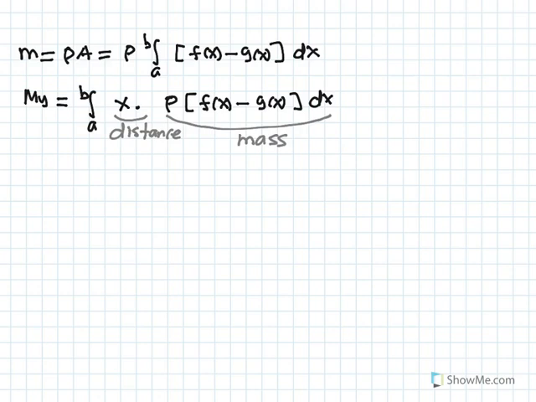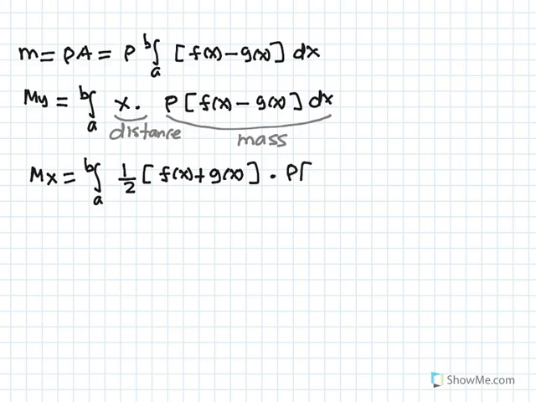All right, let's now define the moment with respect to the x-axis. Integral from a to b. And what is the average distance to the x-axis? That's given by the average of the two y values, 1/2 of f of x plus g of x, and the mass of this rectangular element, this slice, is rho times f of x minus g of x times dx.